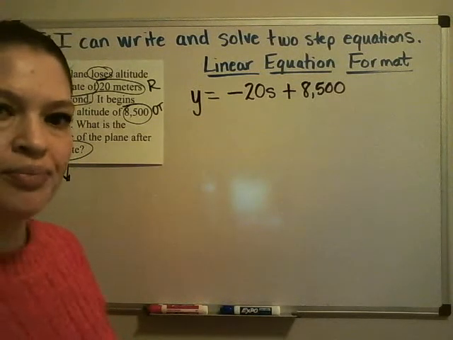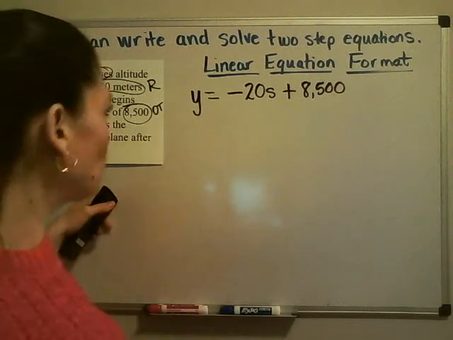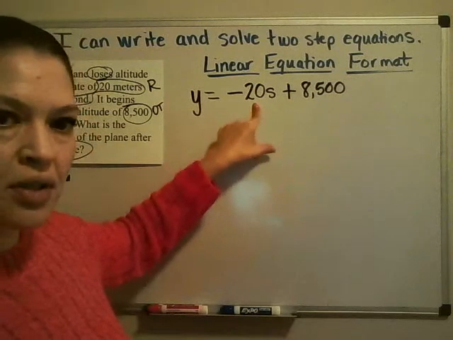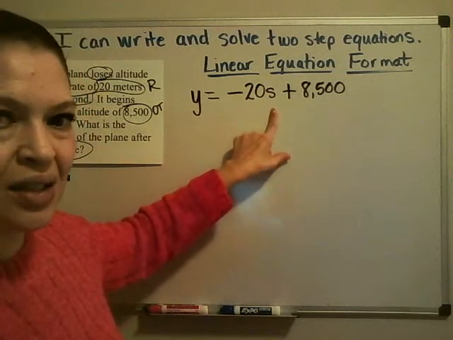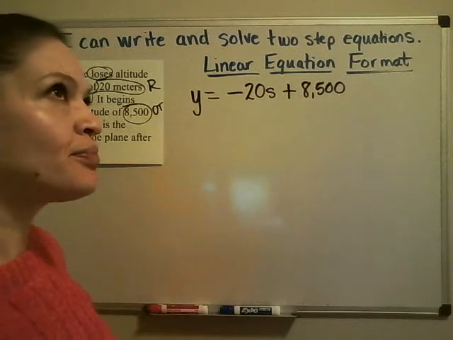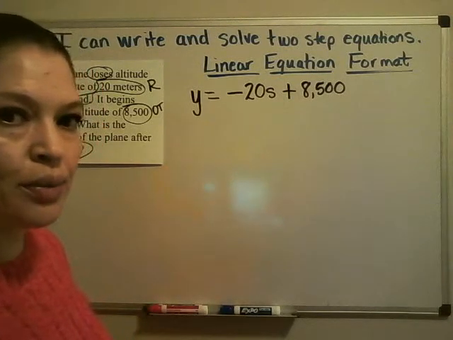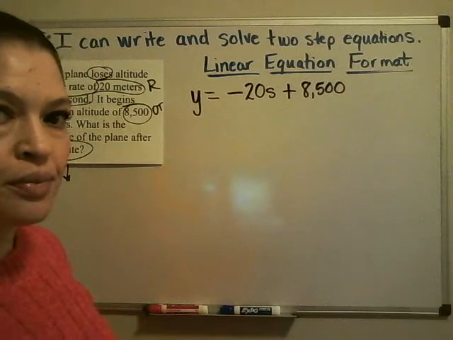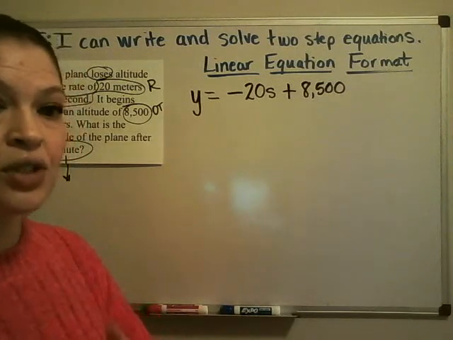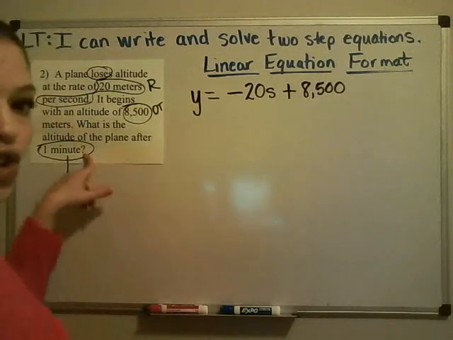Oh, wait, hold up. This is after 1 minute, but this losing 20 meters is for every second. So I have to do a little extra math here. Can you think about what we have to do? We have to convert. That's right. We have to convert the 1 minute to seconds.